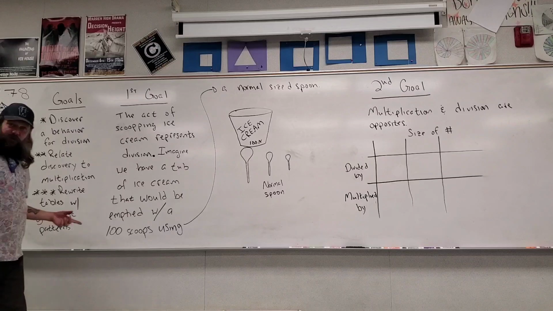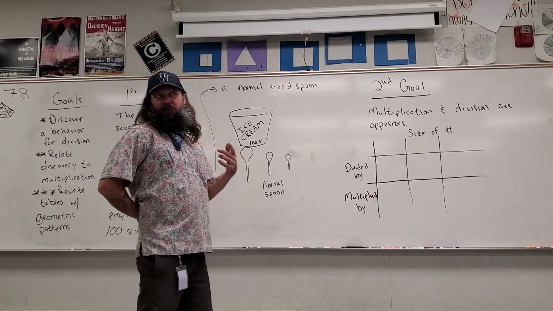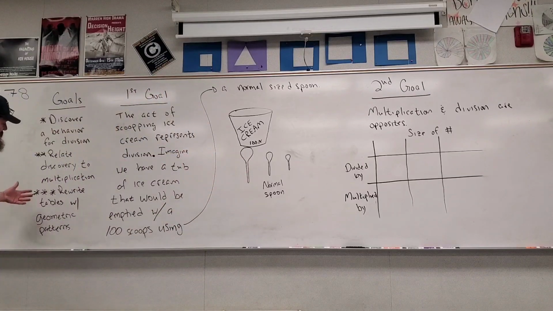Now, geometric meaning is multiplication or division, so we're going to rewrite tables with patterns using multiplication and division. We did that already with addition and subtraction, so hopefully this part of the goal seems very familiar from our prior experience.